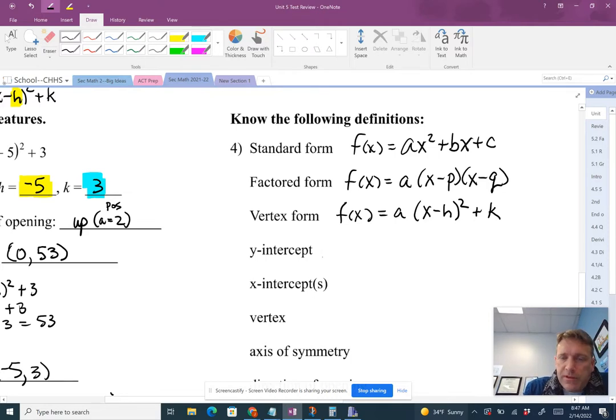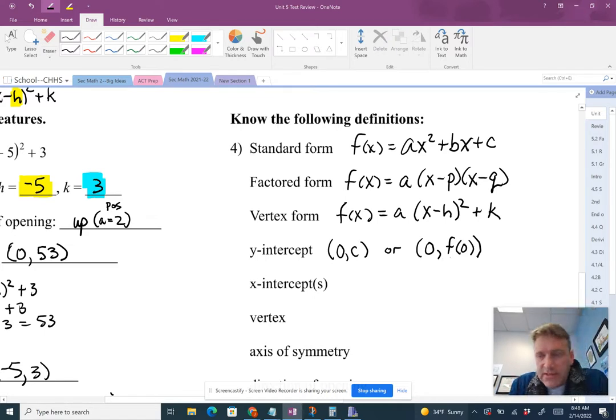The y-intercept depends on which form you have. If it's in standard form, it is 0, c. If it's in either of the other two forms, you determine what x is, 0, and the corresponding value of y, so f of 0. Which just means you plug 0 into x, and then find the corresponding value of y.